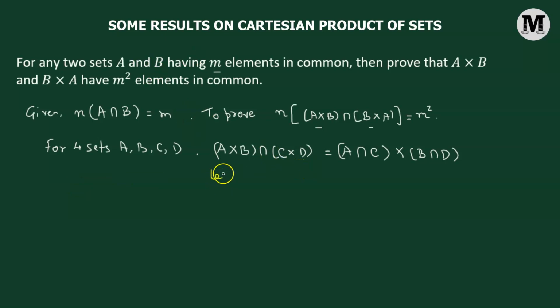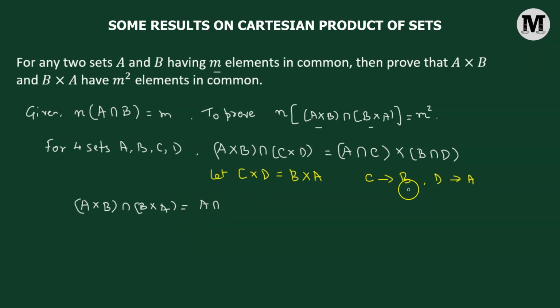Let C Cartesian product with D be equal to B Cartesian product with the set A. In other words, we're going to replace C with B and we're going to replace D with the set A. So the formula is now going to become: we have the Cartesian product of A and B intersection with the Cartesian product of C and D, but we will replace C with B and D with A, so that gives us the Cartesian product of B and A, and this is equal to A intersection C, but C gets replaced with B, so we have A intersection B, and then we take its Cartesian product with B intersection D.